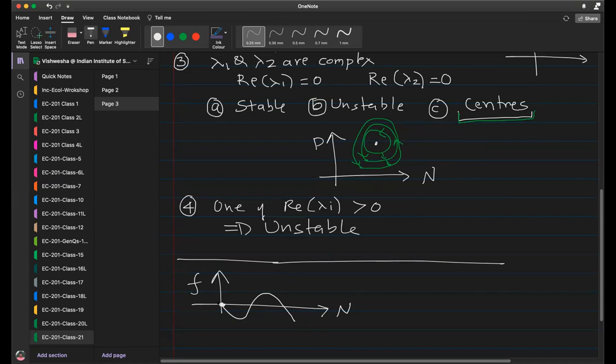Is it stable? If I make a perturbation, the growth rate is negative, so it is stable, right? What is this intermediate equilibrium? Is it stable or unstable? Unstable, right? Because any perturbation I make here will grow, and anything I make below will decay. What about this equilibrium? Stable.